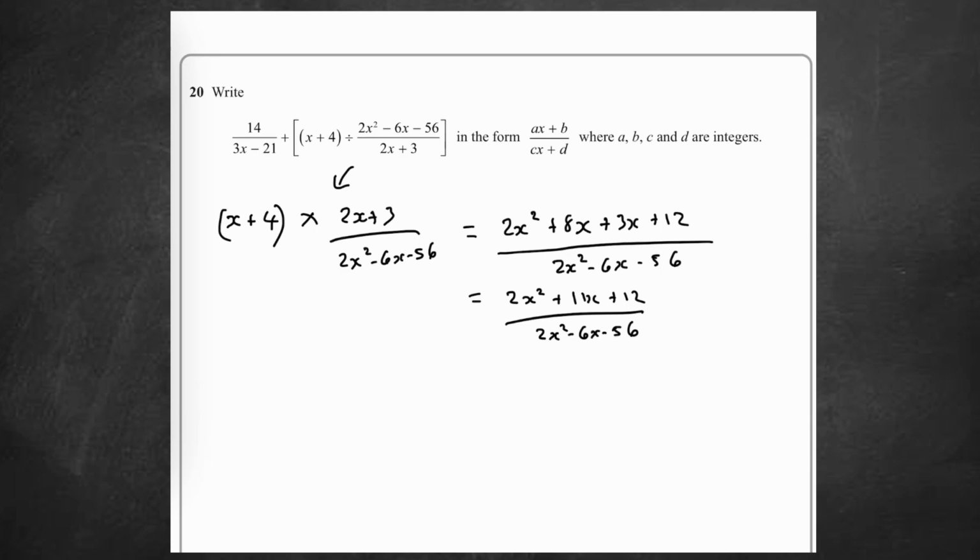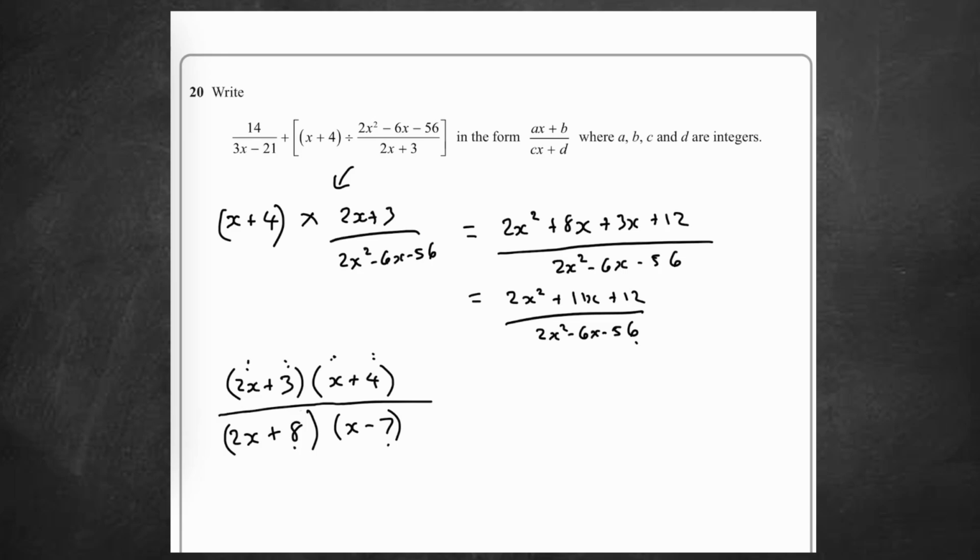The numerator is 2x plus 3 multiplied by x plus 4, as 2x squared, 3x, 8x, and then 12. The denominator can be factorised to be 2x plus 8 multiplied by x minus 7.